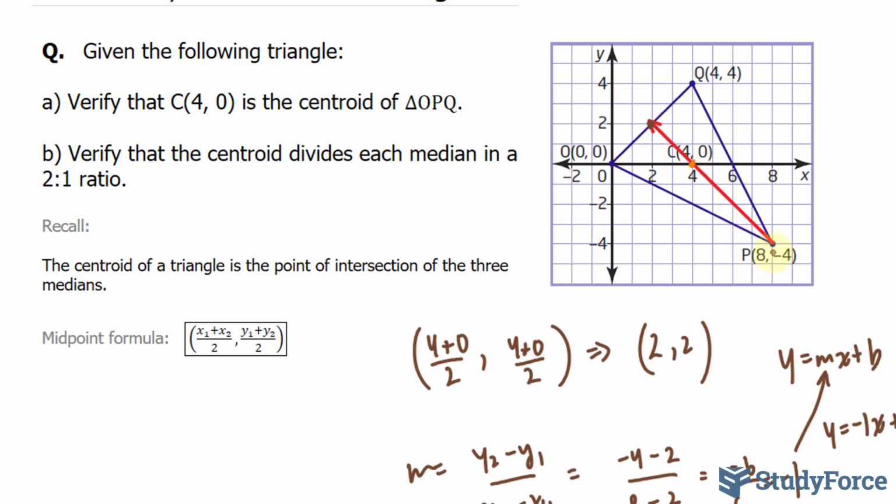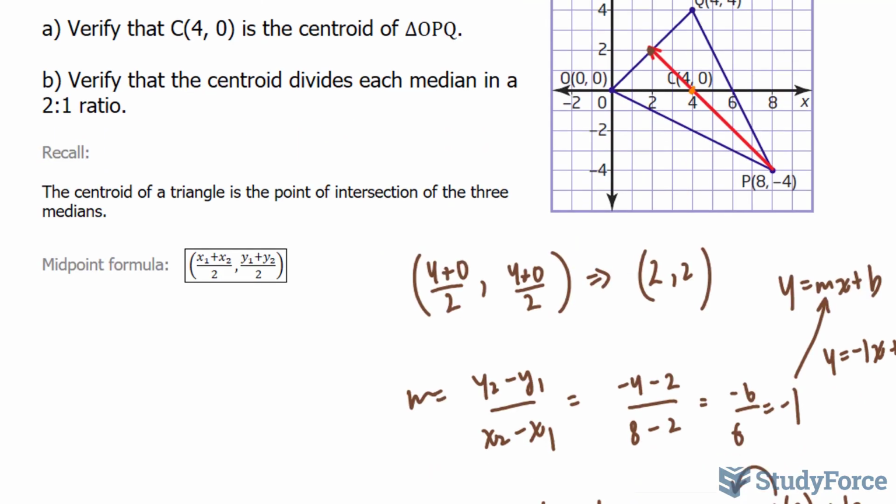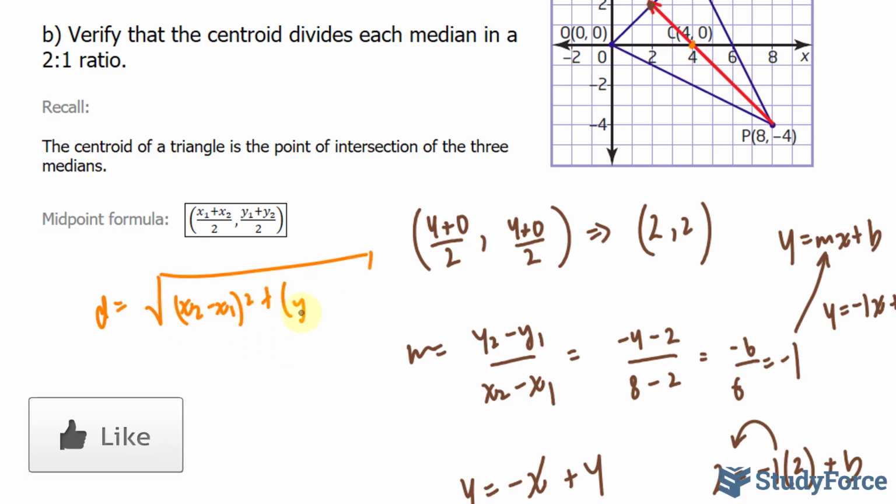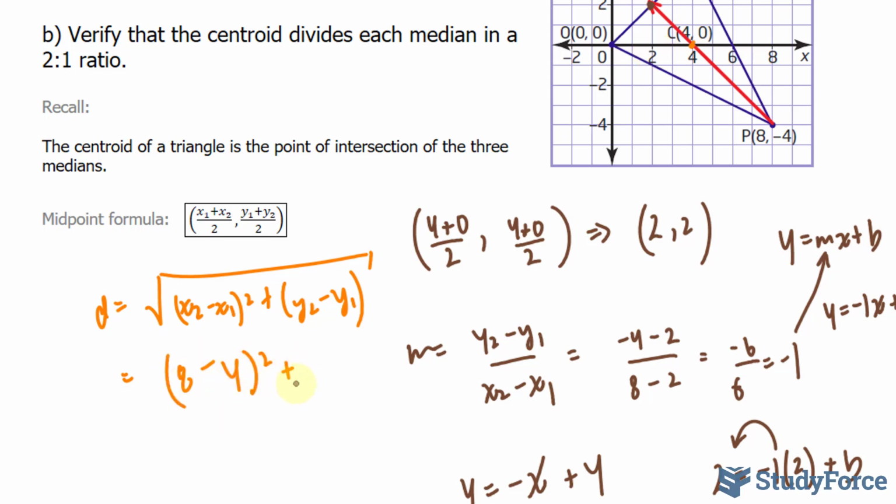I'm going to find out the length from point P to C using the distance formula, which looks like this, where distance is equal to the square root of x2 minus x1 squared plus y2 minus y1 squared. x2 is 8 minus 4 squared plus y2 is minus 4 minus 0 squared.